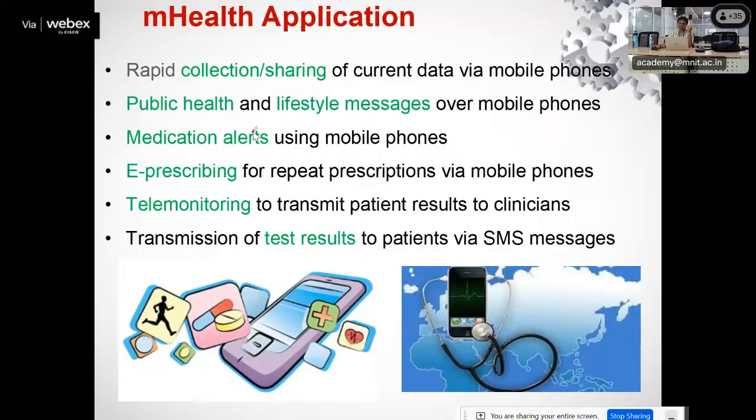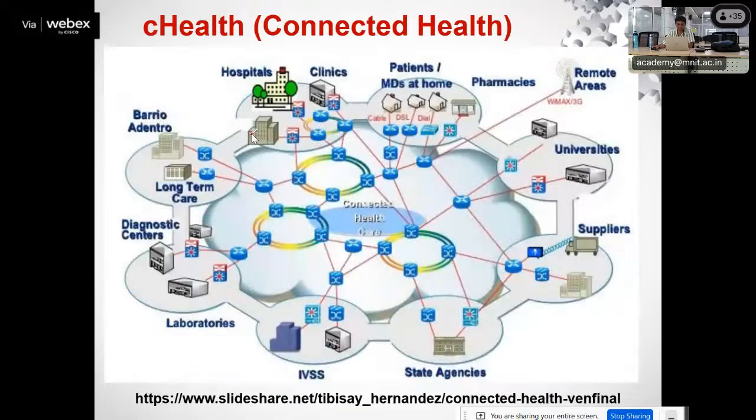And transmission of test results to a patient is possible. When we give a sample to a clinic or laboratory, we need to visit it. But to collect the report, I do not have to go to the laboratory. It is accessible on my mobile phone through WhatsApp, or through some user ID and password. I can generate the digital copy of the report.